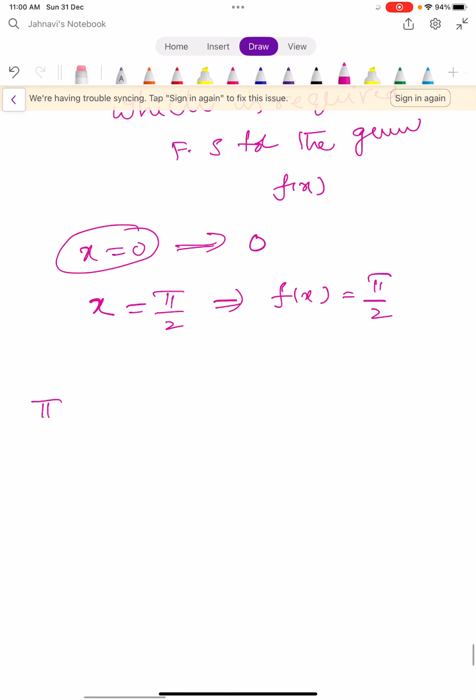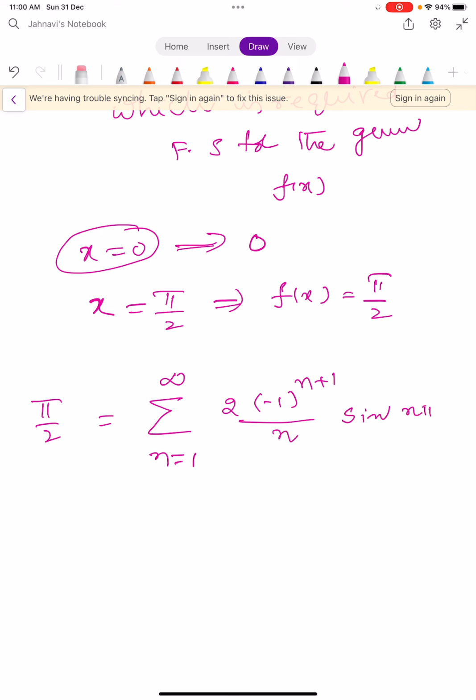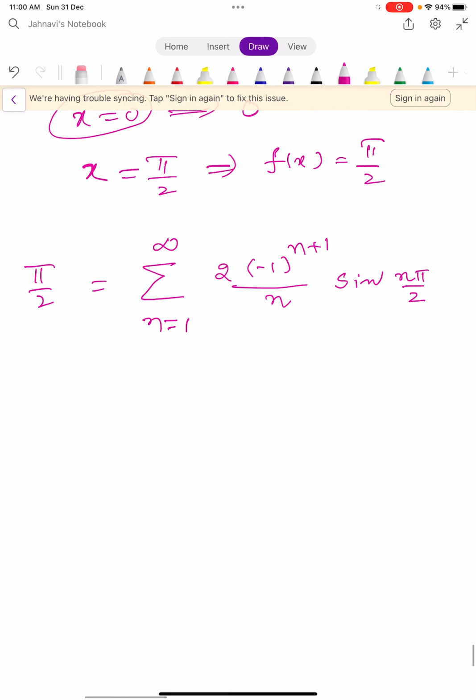pi by 2 is equal to summation n is equal to 1 to infinity 2 times minus 1 power n plus 1 divided by n, sin n pi by 2. I replace x by pi by 2.